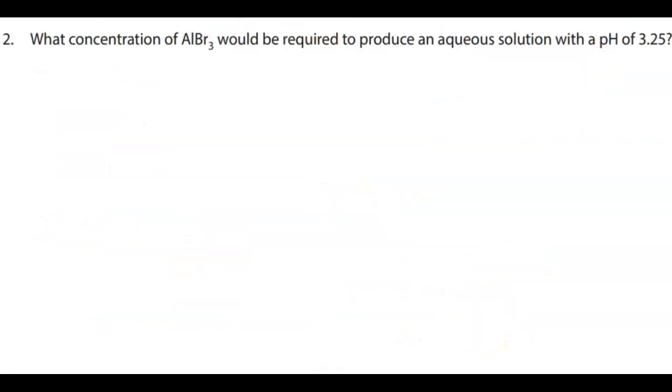Okay, next. What concentration of aluminum bromide? So remember, this breaks up into aluminum plus 3 and bromine. We know bromine is the conjugate of a strong acid, so that's not having an impact. But we want to know the concentration that will produce a pH of 3.25. Okay, so we know the Ka value here is going to be for our aluminum water complex.